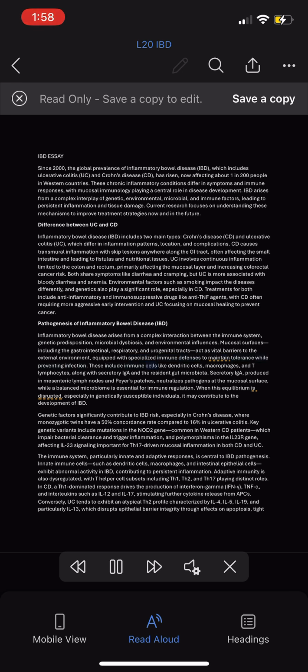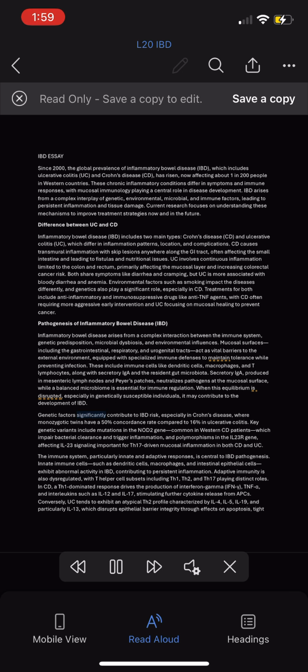These include immune cells like dendritic cells, macrophages, and T lymphocytes, along with secretory IgA and the resident gut microbiota. Secretory IgA, produced in mesenteric lymph nodes and Peyer's patches, neutralizes pathogens at the mucosal surface, while a balanced microbiome is essential for immune regulation. When this equilibrium is disrupted, especially in genetically susceptible individuals, it may contribute to the development of IBD.